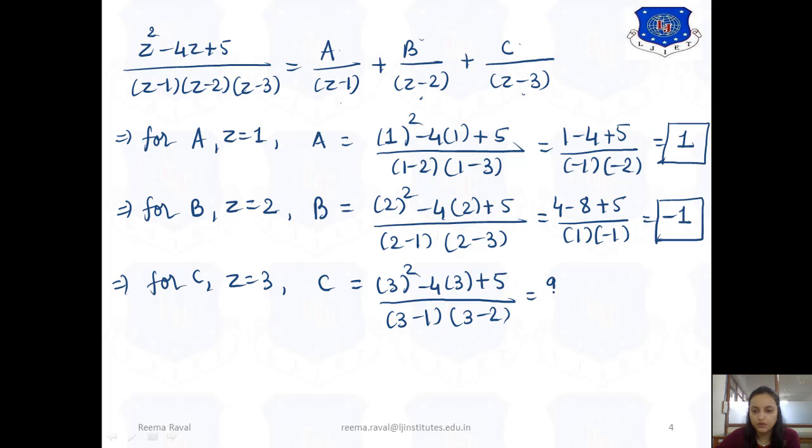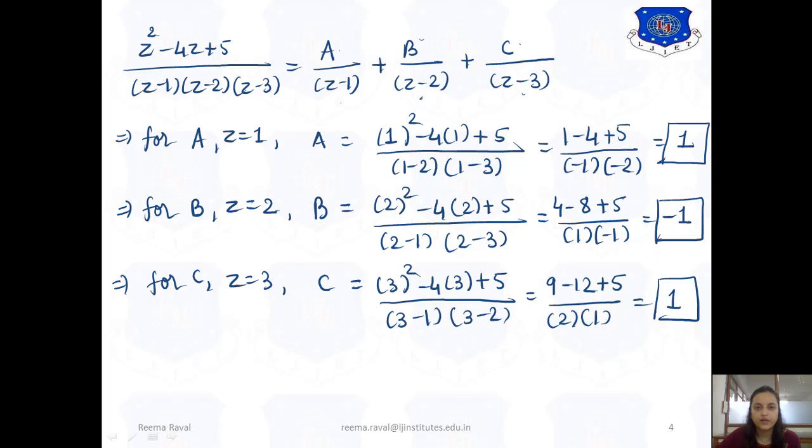That will be equal to 9 minus 12 plus 5 upon 2 into 1, right? So here the answer will be 1. Okay. So these are the values for constants A, B and C, where the value of A is 1, B is −1 and for C it is 1.